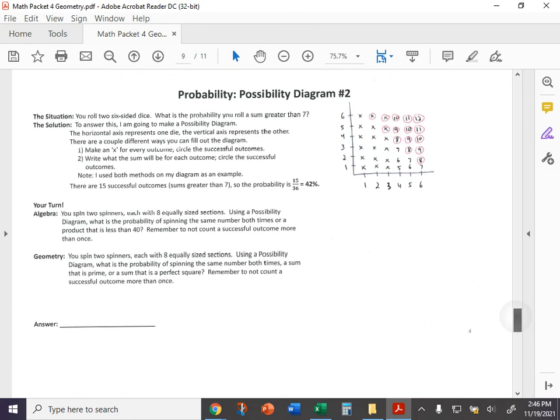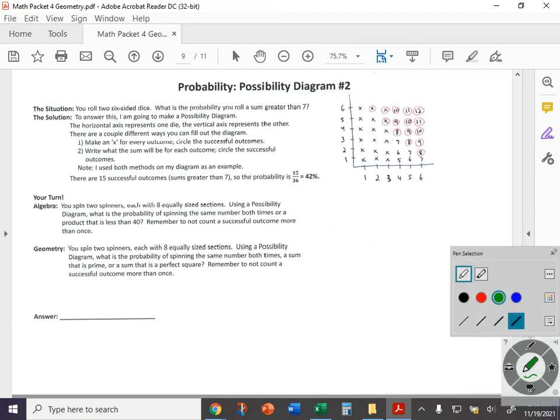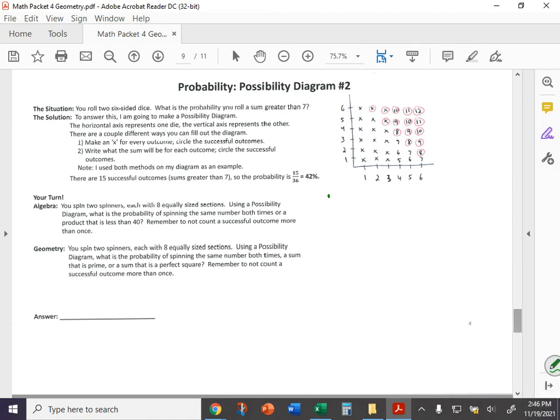Okay. Possibility diagram number 2. You spin 2 spinners, each with 8 equally sized sections, and you need to use a possibility diagram for this. Some of you are not doing that, and you need to. So 1, 2, 3, 4, 5, 6, 7, 8 to represent the sections on our first spinner, and 1, 2, 3, 4, 5, 6, 7, 8 to represent the sections on our second spinner.